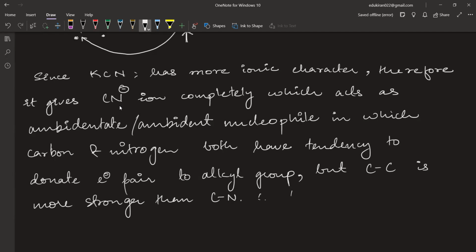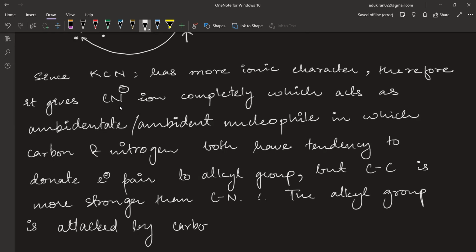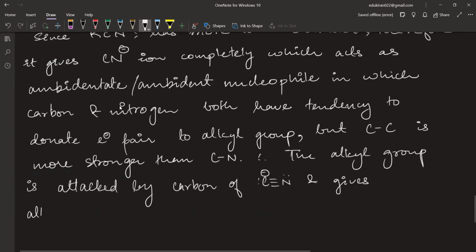Therefore the alkyl group is attacked by carbon of CN negative and gives alkyl cyanide, also called alkyl nitrile, as product.